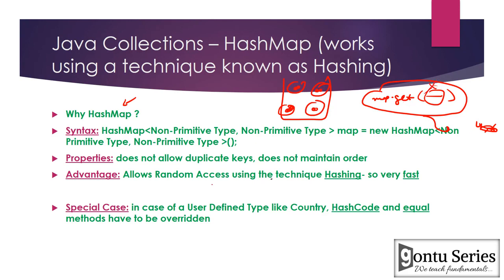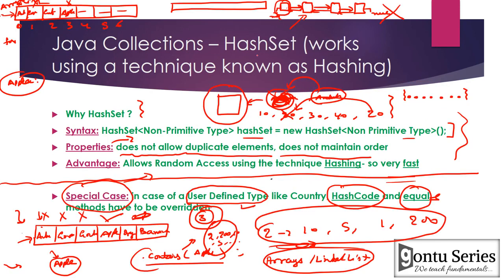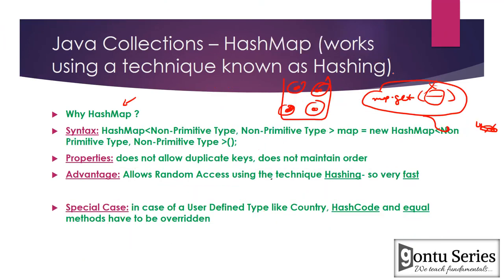Now, if you look at the way HashMap works, it's exactly the way HashSet works. In HashSet, what we basically store is objects. And when you search for any object, it gives you the index of that object automatically. Now you go to that index. If that object is present there, you say it is present. If that is not present, you say it is not present. And HashMap also does the same thing.